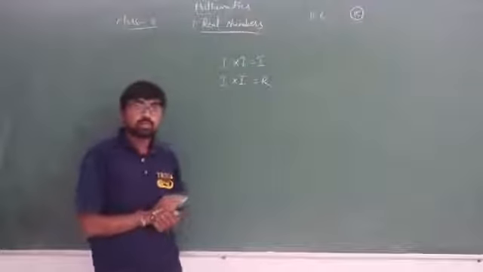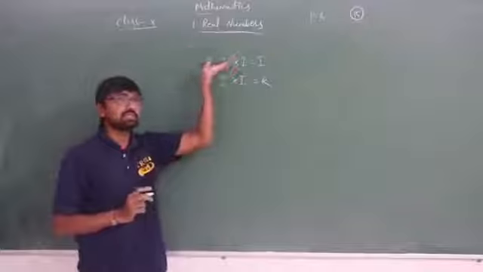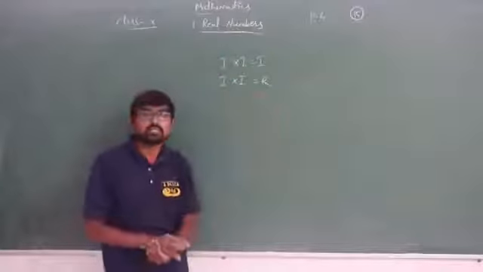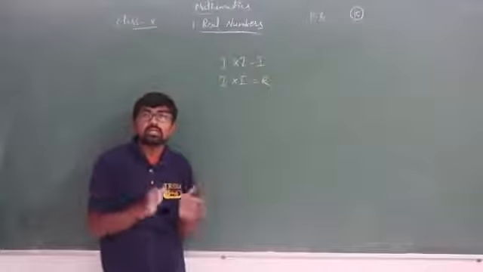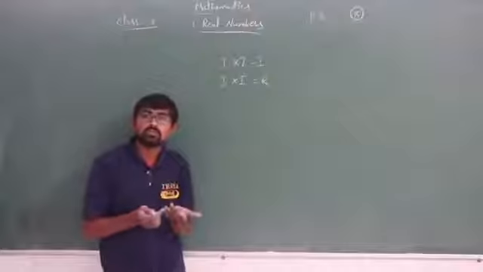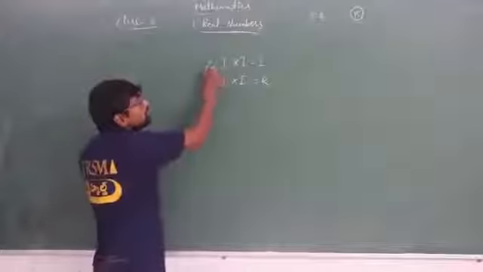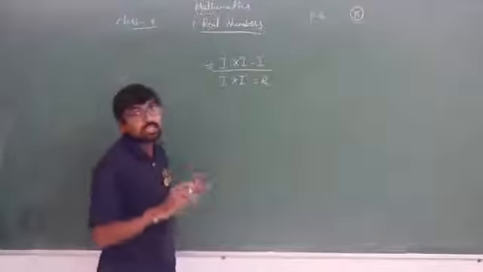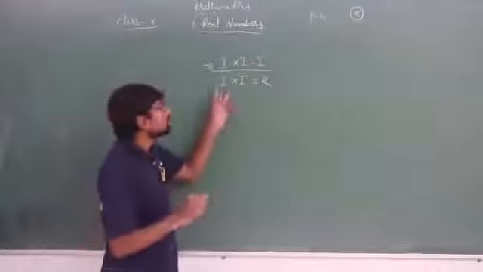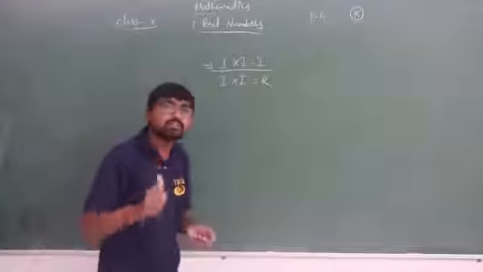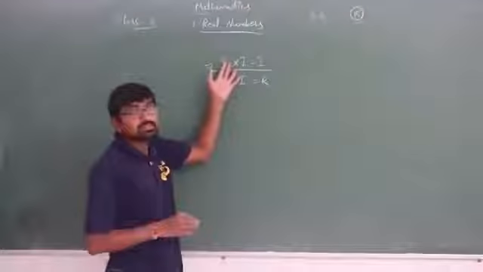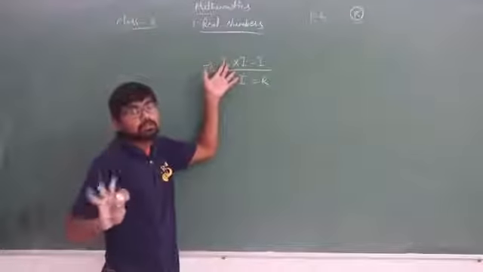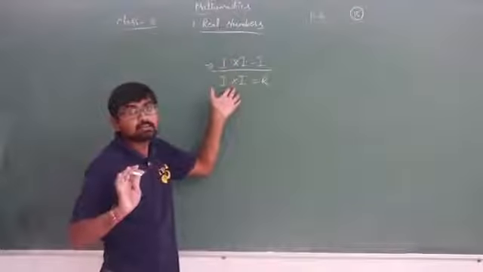Product means multiplication. Or check whether the product of two irrational numbers is rational or irrational. It may be both the cases. So for the first one, with an example you have to show product of two irrationals is irrational. Yes, absolutely. Both the cases are applicable.